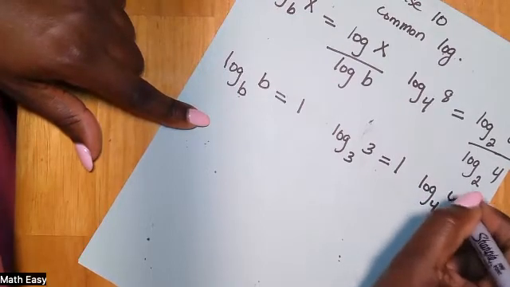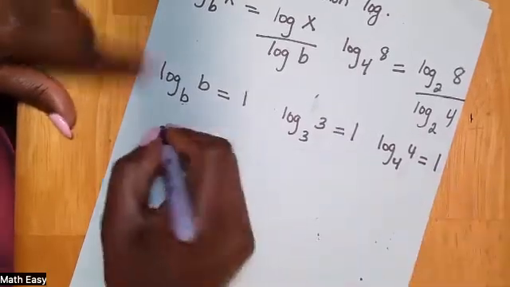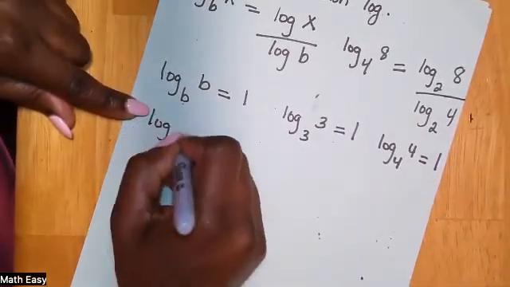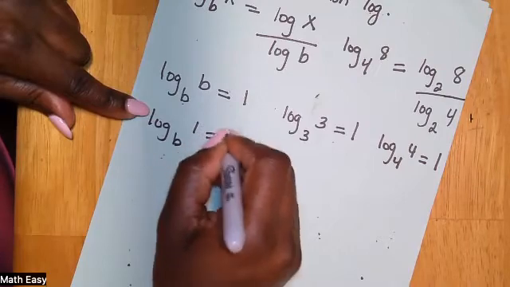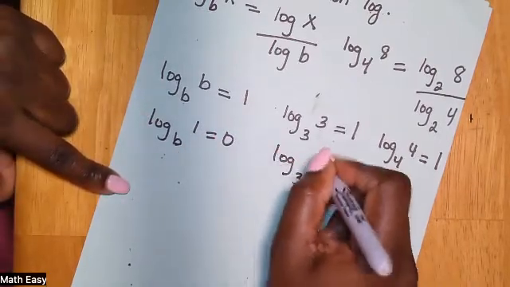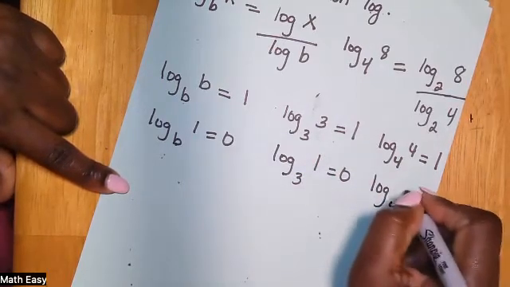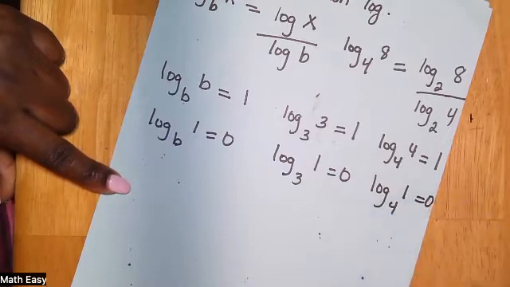Log base 4 of 4 equals 1. The other special property is log base b of 1, that is equal to 0. So log base 3 of 1 is 0. Log base 4 of 1 is 0.